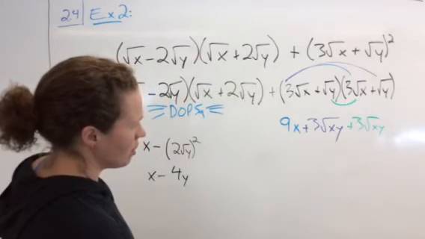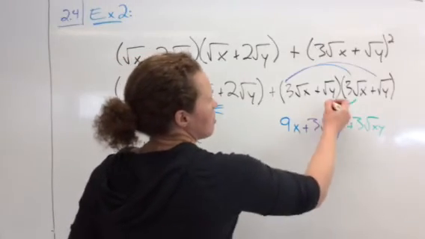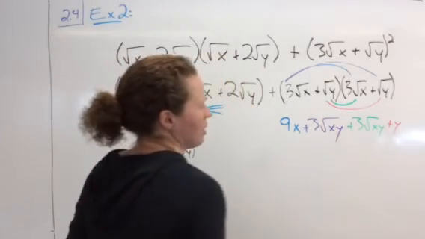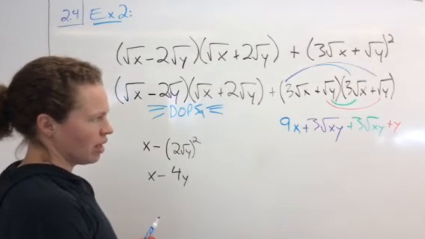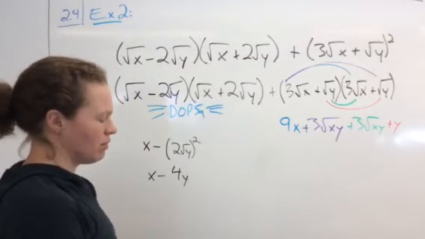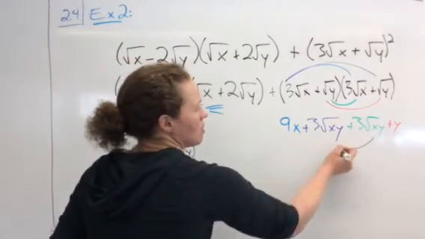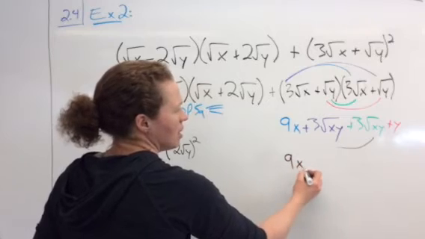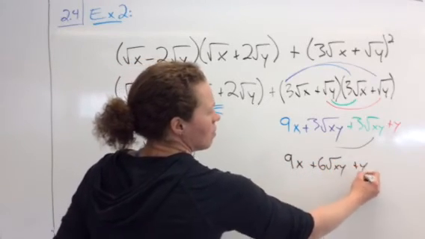Hopefully I'm not going too far off the page here, but the last part is just root y times root y, which equals y. Now, I can look at that and try to identify any common terms. My middle ones are like terms, so I can add those ones together. So I'll end up with 9x plus 6 root xy plus y.